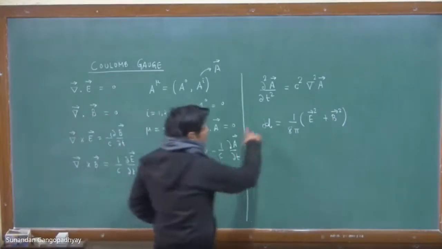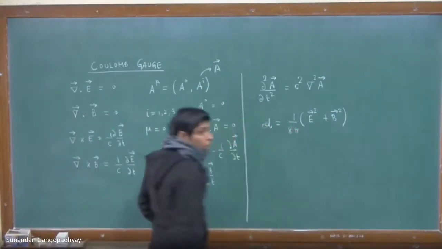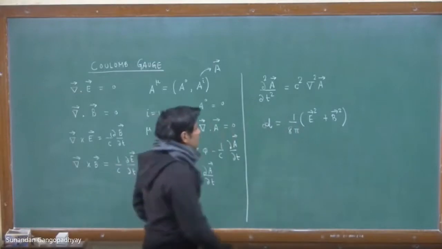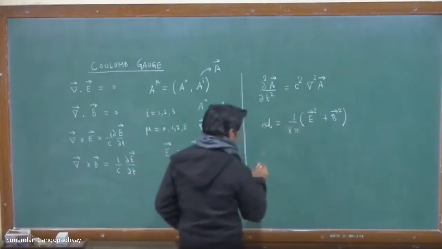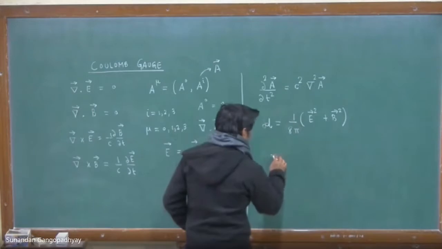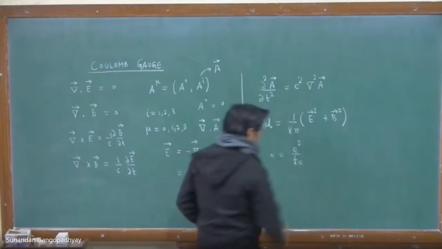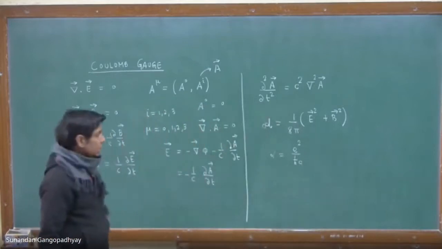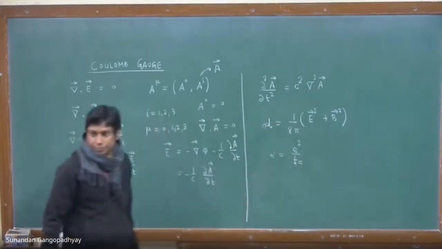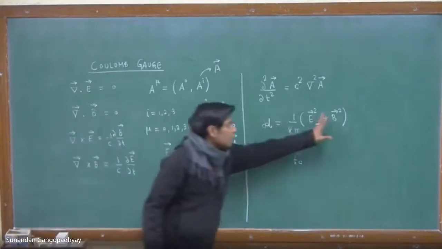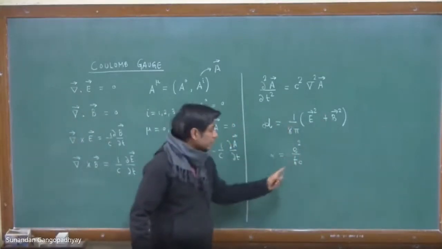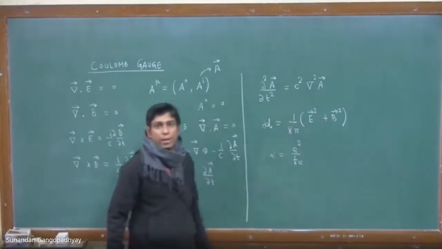The units in which the Hamiltonian has this factor of 1 by 8 pi are called unrationalized units, and in these units, the fine structure constant, the Sommerfeld fine structure constant, is basically given by e squared by h bar c.